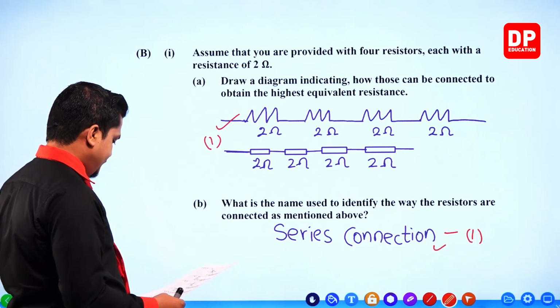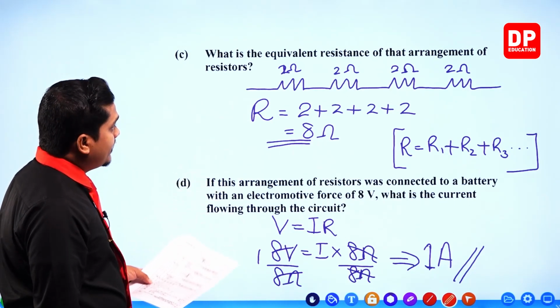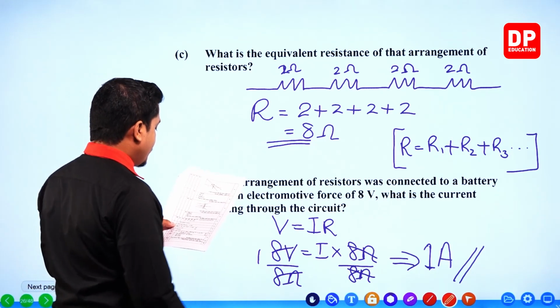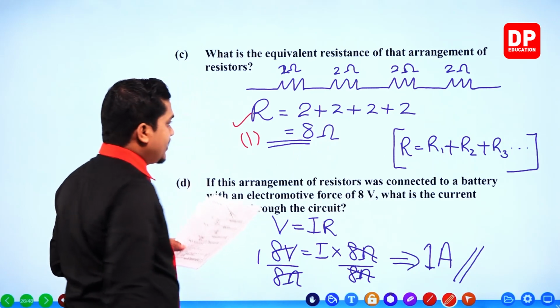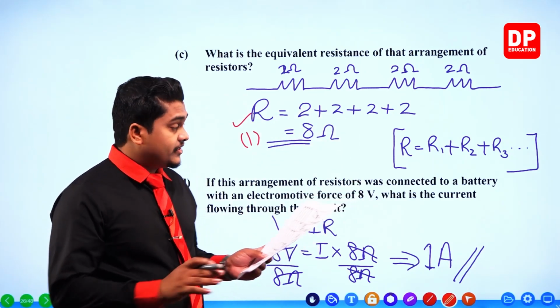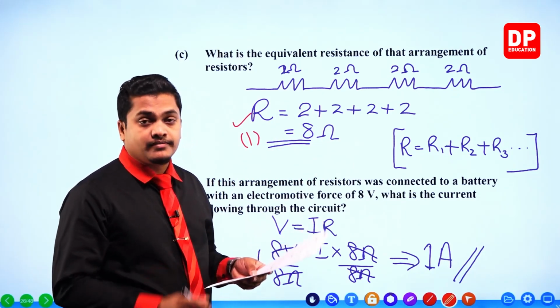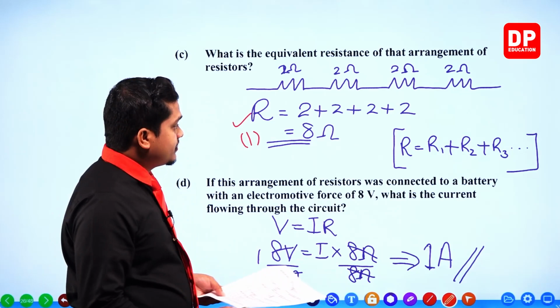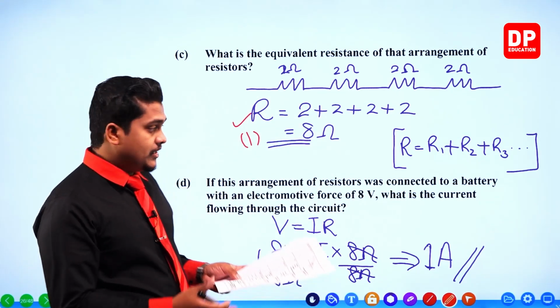Then for calculating the equivalent resistance, again you are given 1 mark. Just this answer being correct is enough, my dear children. They have mentioned that, right? Just for the answer they have given 1 mark. No need to show the calculation even.